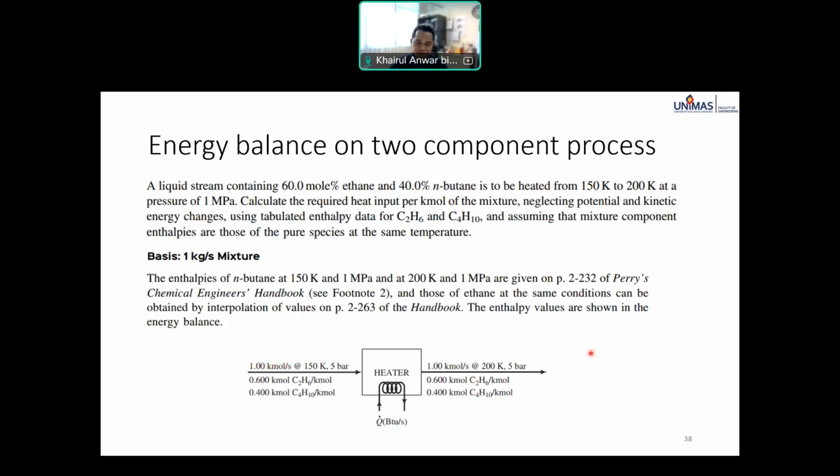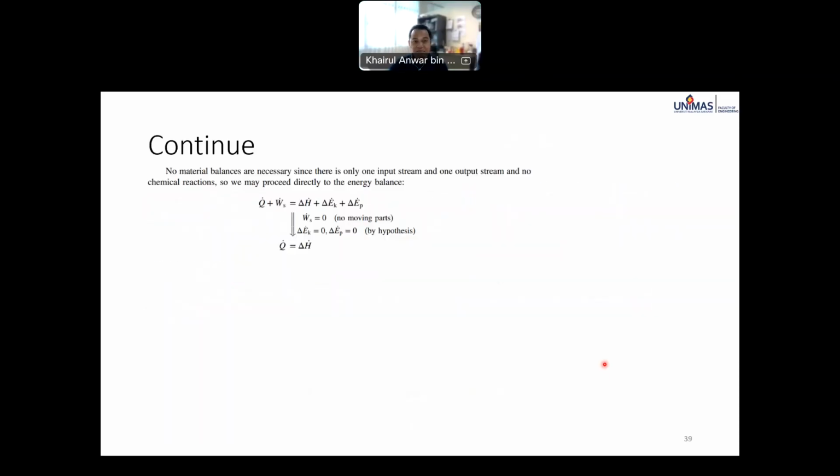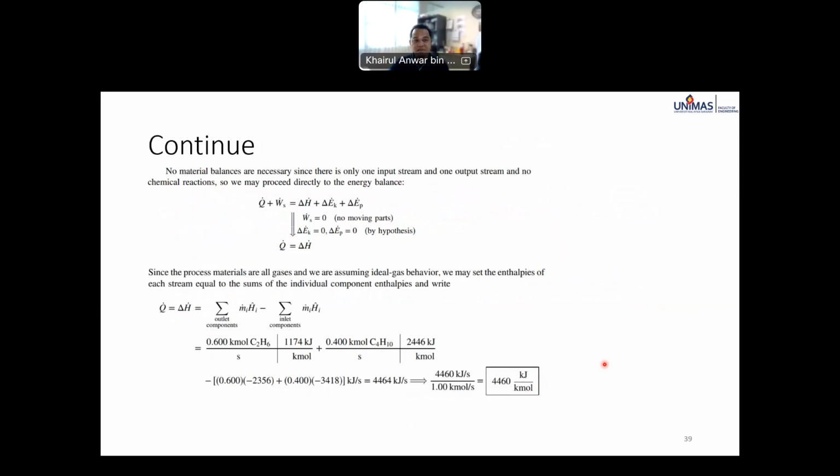So since this is a heater, ideally the inlet flow is equal to the outlet. So straight to the equation for the open process system.